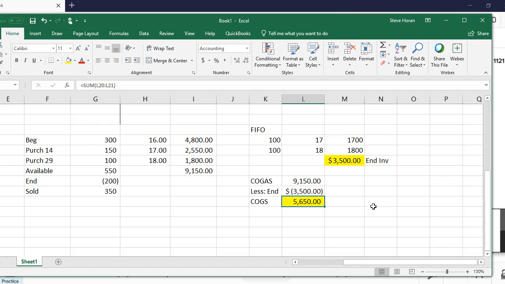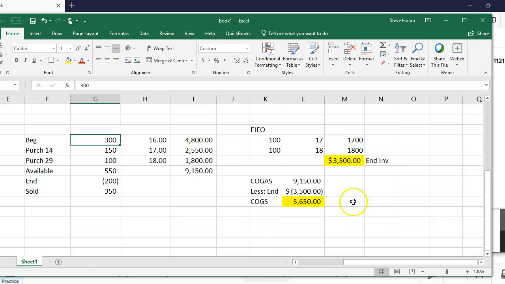For LIFO, obviously we flip it around. We go kind of the opposite direction, and I'm always assuming the most recently acquired goods in LIFO are sold first, so what's left over would be the beginning. So remember, I sold 350 units. Well, that's the 100 of these, 150 of those, and 100 of the beginning.